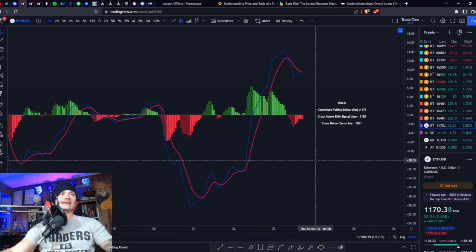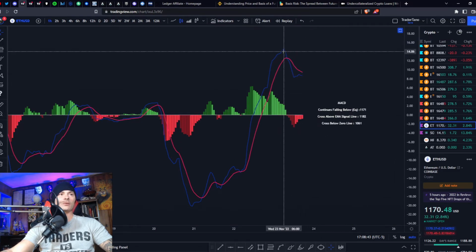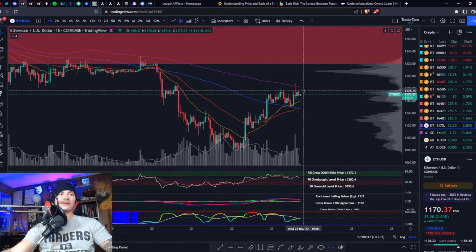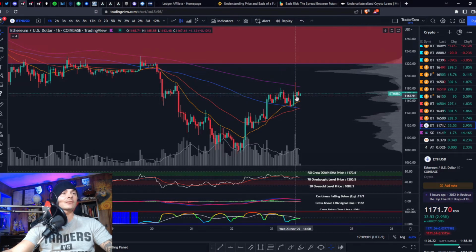All right, so your MACD right here, pretty fresh cross to the downside, but your negative momentum is starting to wane. So was this just a little pullback? Hold on here. All right, so the closure is 1173.85. Closure 1173.93. 1173.90.